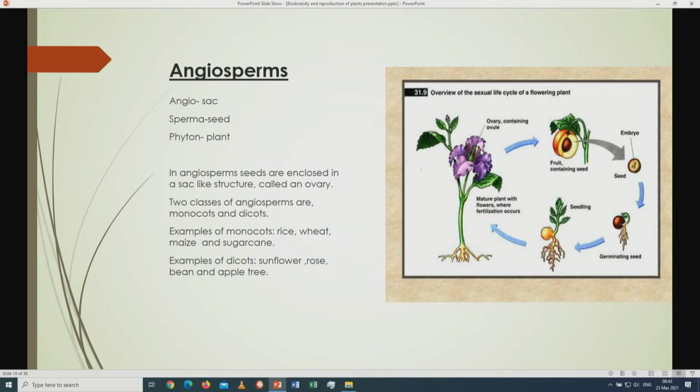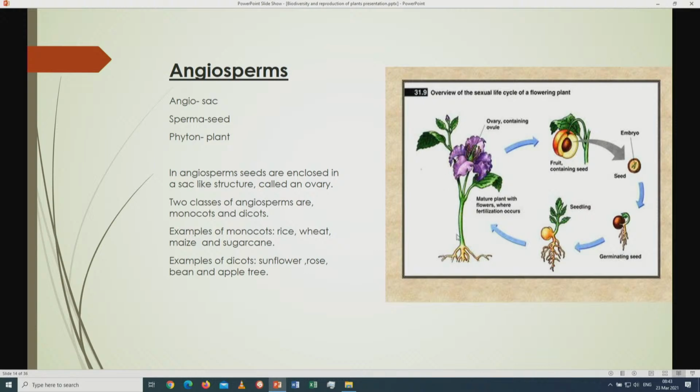So an ovule becomes the female gametophyte. In angiosperms, just like in gymnosperms, the male and female gametophytes are separate, and apart from being separate, they are very small, and they are protected by the whole sporophyte plant.